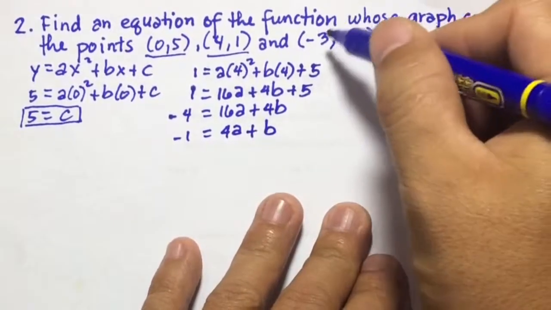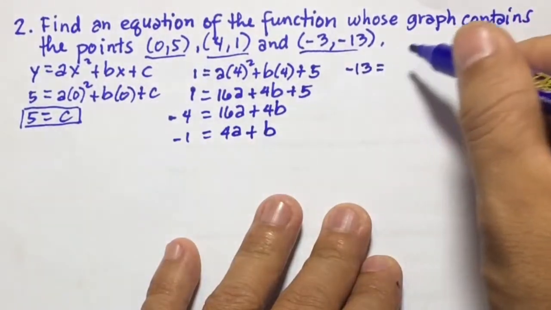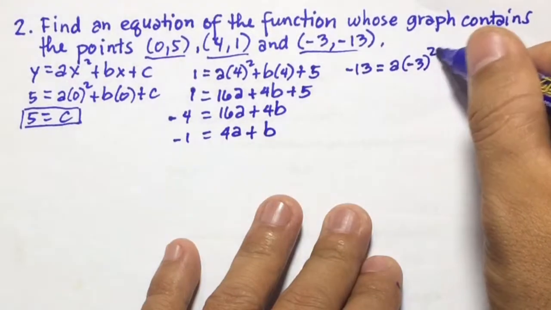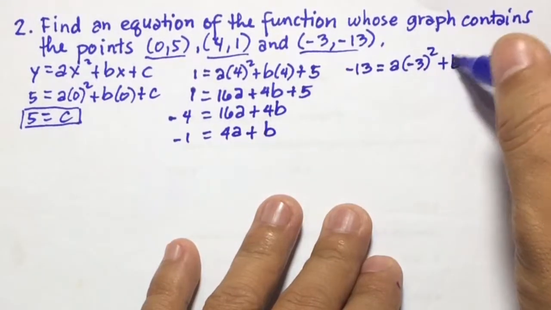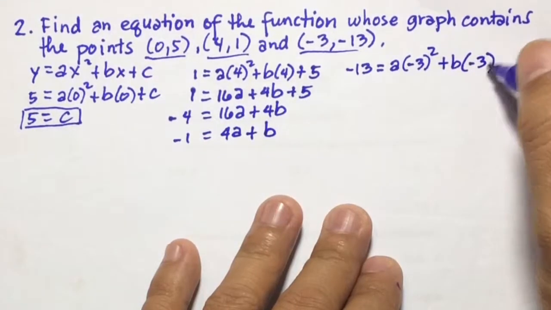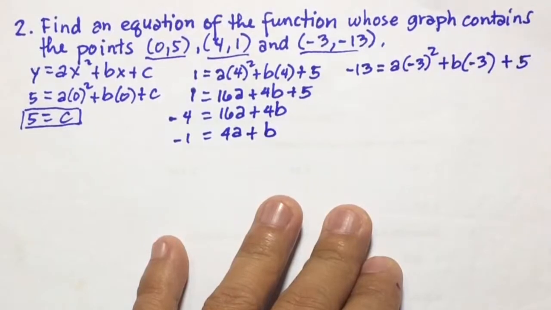Then for the third point, we have negative 13 equals a times negative 3 squared plus b times negative 3, then plus c, which is 5.